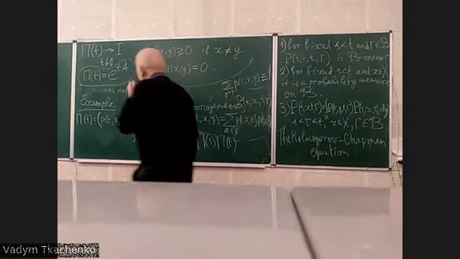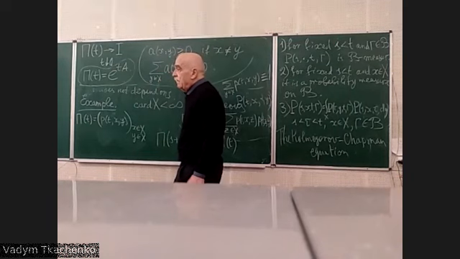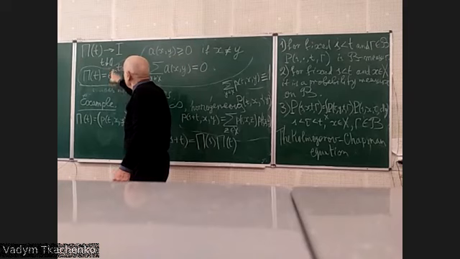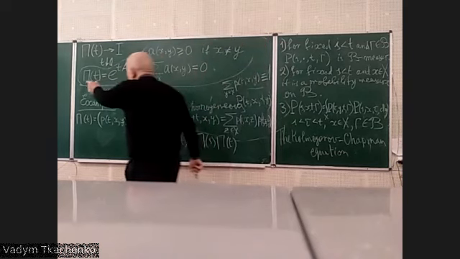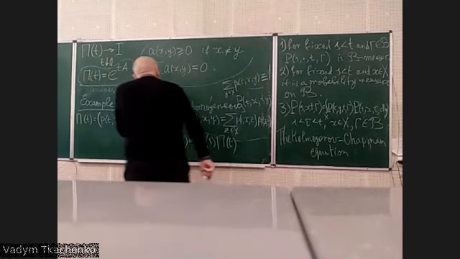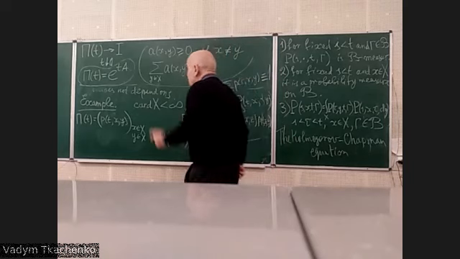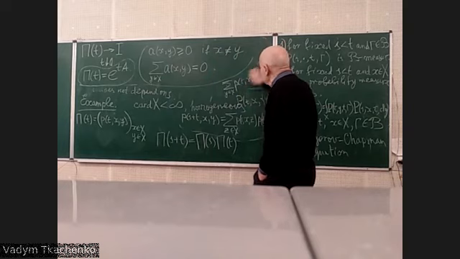Prove that if I take any such matrix A and consider its exponent e to the power tA, I obtain a matrix consisting of non-negative entries satisfying this equality.